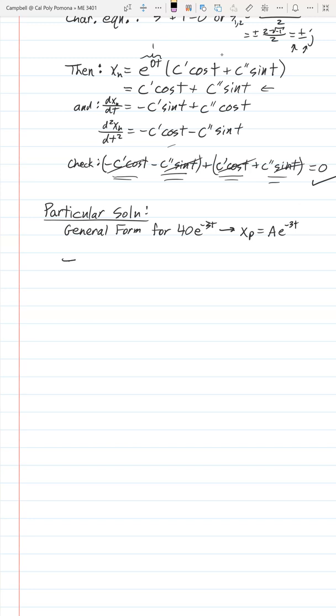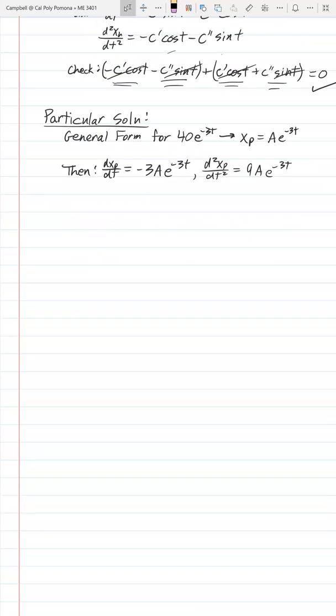So, of course, we need some derivatives. So we get dxp dt is equal to negative 3a e to the negative 3t. And then last but not least, we have d squared xp over dt squared. And that's equal to, of course, 9a e to the negative 3t.